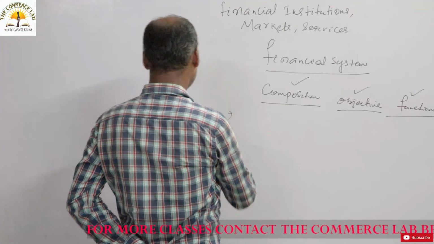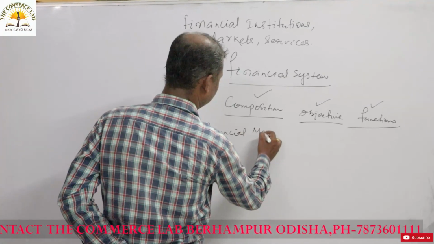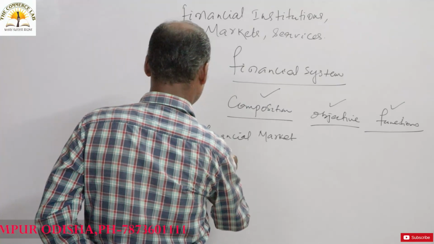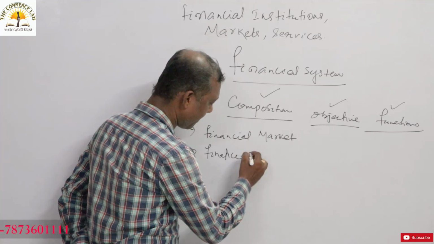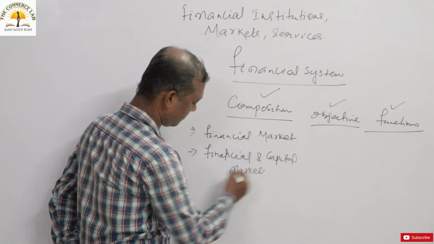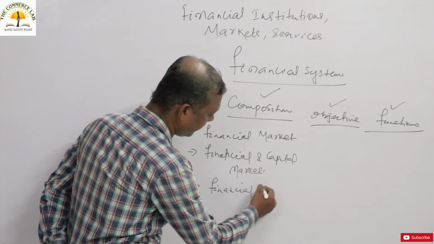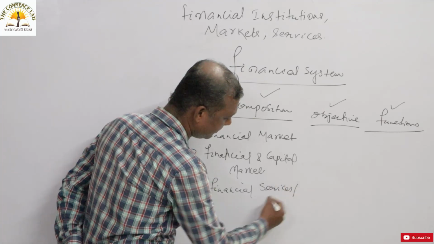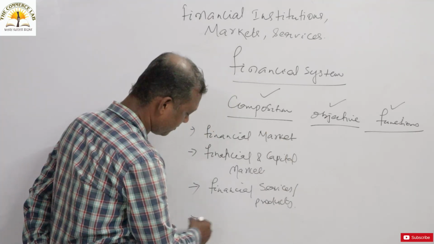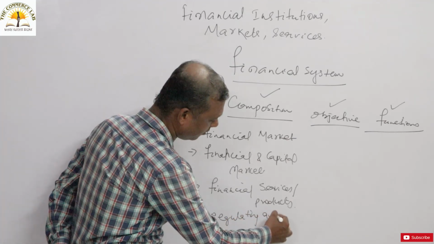Let me write them: financial markets, then financial and capital markets, then financial services, products, then regulating authorities.